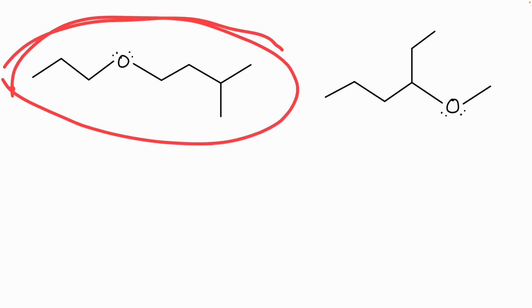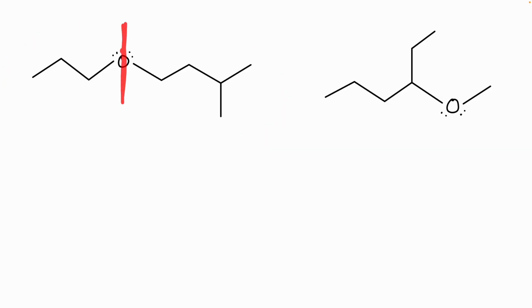All right, let's look at this one here. I'm going to chop it at this oxygen, and I'm going to look on either side. Which side is my parent chain, the left or the right? Right. I got that longer set of carbons. All right, my longest continuous set of carbons. So my parent chain here is going to be a butane.